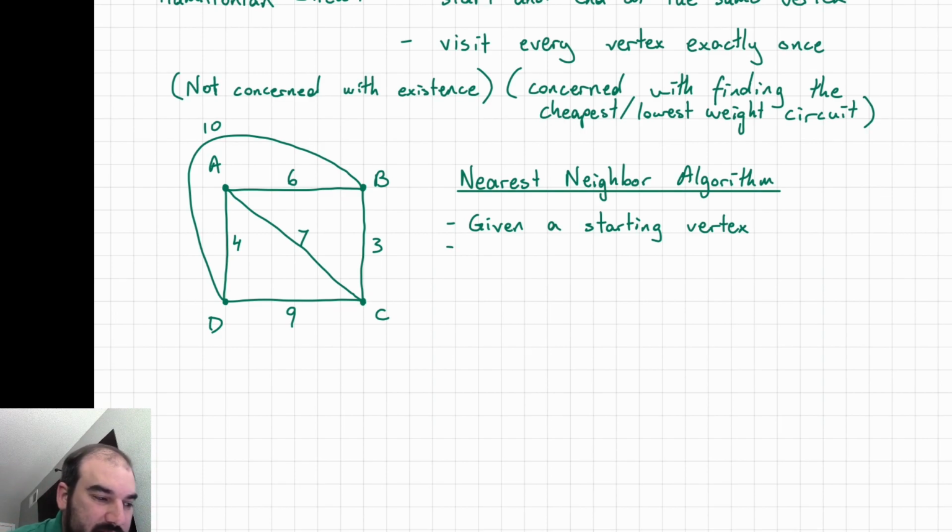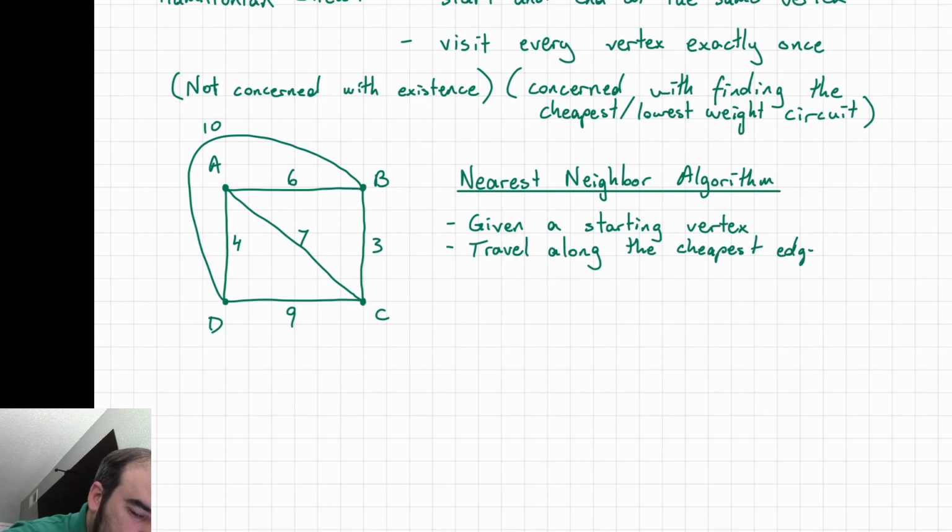How the algorithm works is you start at the given vertex, whatever the question says. You're going to choose the edge, or travel along the cheapest edge possible to another vertex.